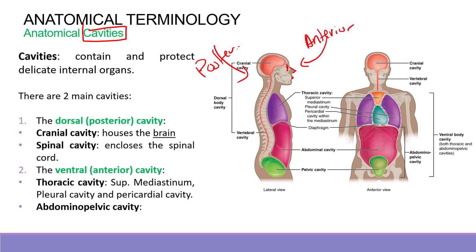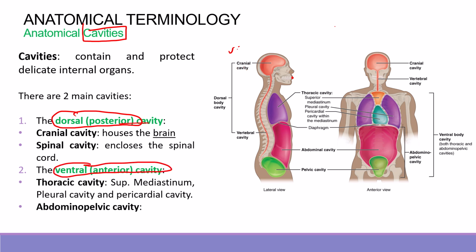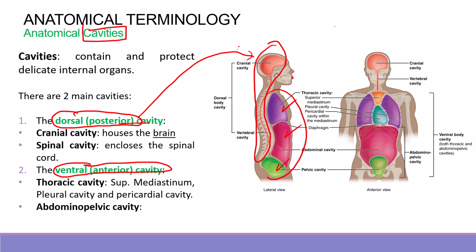And this is important because you can see here we have dorsal or posterior cavity, and we have ventral or anterior cavities. So basically what that means is that all the posterior cavities is this one in orange, while this purple, pink, and green, they're more anterior. Those are the anterior cavities.